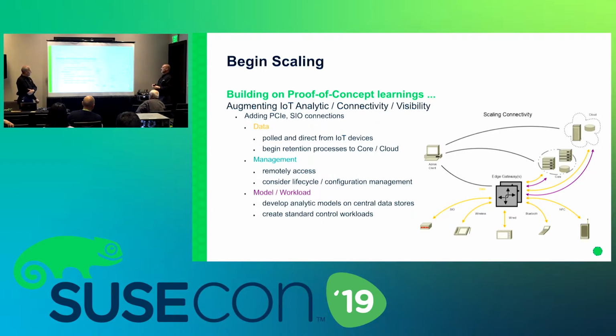Okay, so data starts coming in, and it could be pulled, or the IoT device is maybe able to push that in. Now you've got to figure out, okay, what am I going to do with that data long term? Am I going to have models? Am I going to train AI? Am I going to do something with it? The data is probably going to get pushed somewhere else, because while these boxes have good functionality, they have a finite amount of storage.